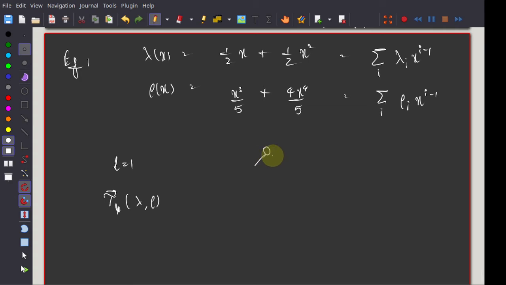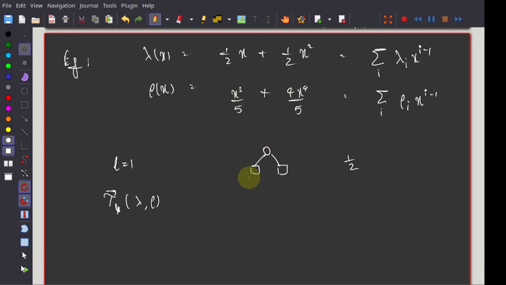Suppose with probability half, I pick the number 2. So for this variable node, I associate two check nodes. Now for each check node, I choose a number, either 3 or 4. The number 3 is chosen with probability 1 by 5. The number 4 is chosen with probability 4 by 5. So for this check node, I choose one of these two numbers.